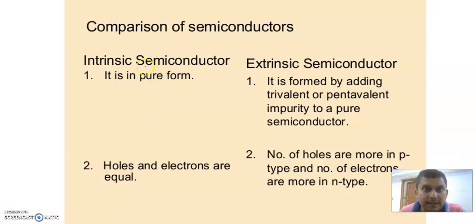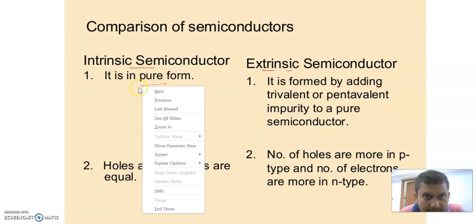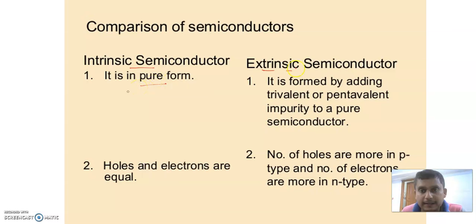Now comparison between the intrinsic semiconductor and the extrinsic semiconductor. As we know, the pure semiconductor is called intrinsic semiconductor. If we do not add any impurity, then that semiconductor is called intrinsic semiconductor.